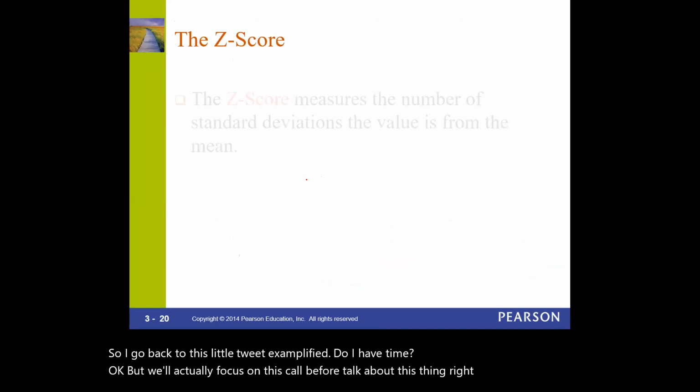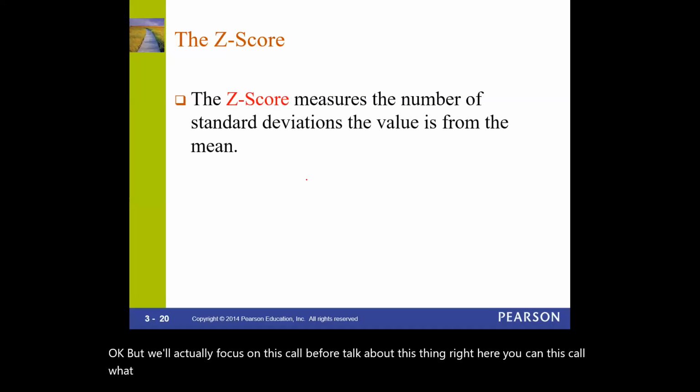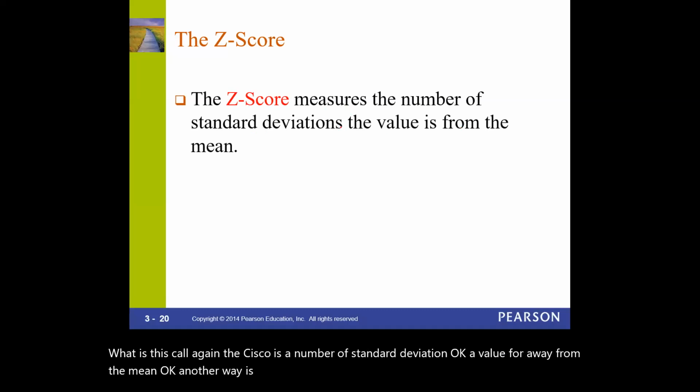So you can listen to the z-score. What is the z-score? Again, the z-score is the number of standard deviations a value is away from the mean. Another way is to measure the number of standard deviations the value is from the mean. This is the same value that you saw earlier.